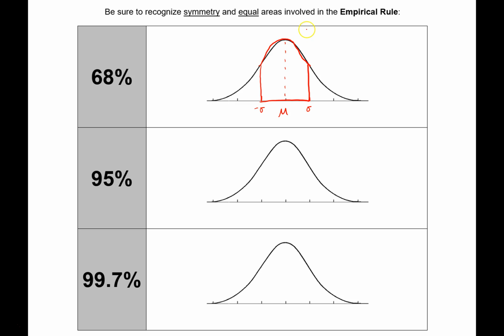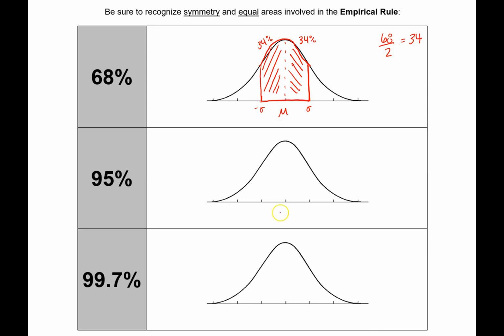Now 68%, if I divide it into the left side and the right side, 68 divided by 2 is 34. So that means this section is 34% of the graph and this section is 34% of the graph. Those numbers are going to help us calculate when we get into some problems in a moment.